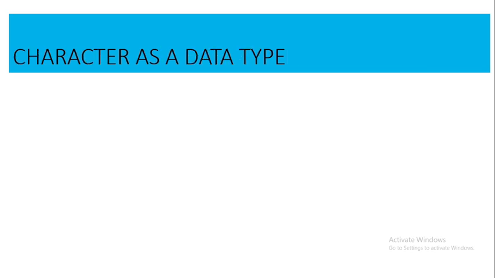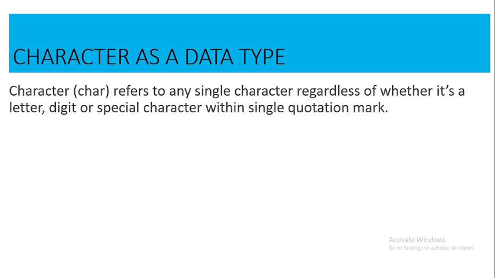So let's move forward. Let's look at character as a data type. We mentioned character as one of the data types we have. When we put any symbol, whether it is a letter, a digit or a special character, inside single quotation marks, we get a data type known as character. Examples include the small letter a inside single quotation marks, and this is a character.